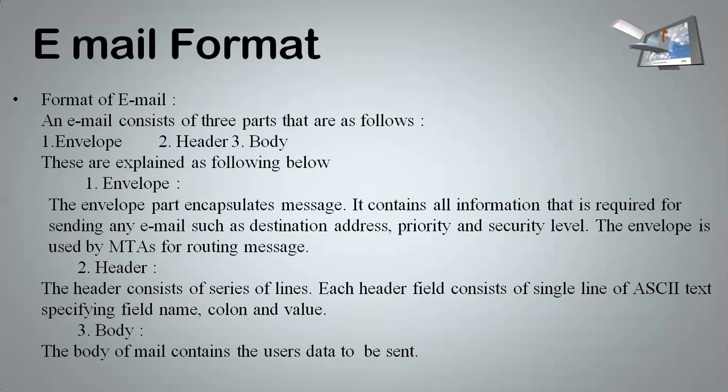The envelope is used by the message transfer agent for routing that message. The header of the mail consists of a series of lines. Each header field consists of a single line of ASCII text specifying the field name, then a colon and a value. The body of the mail contains the user data to be sent.